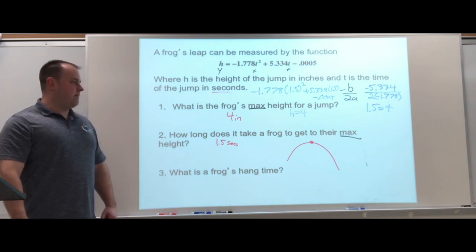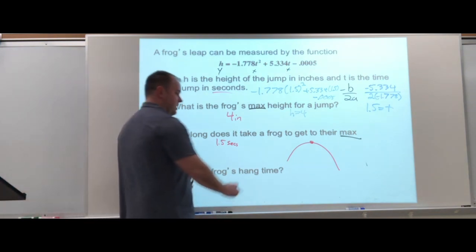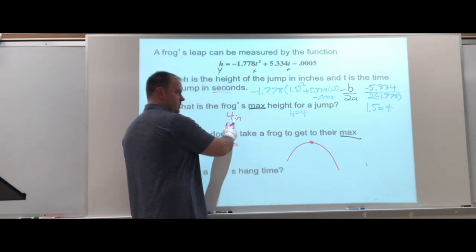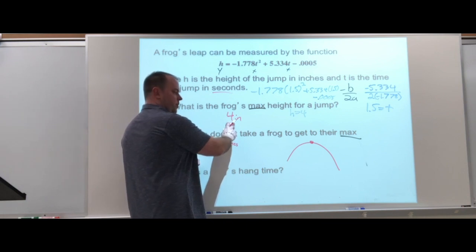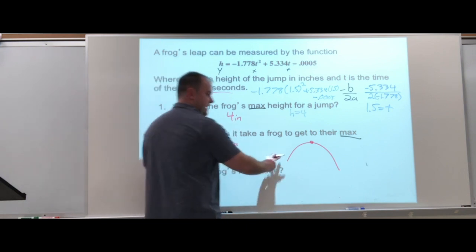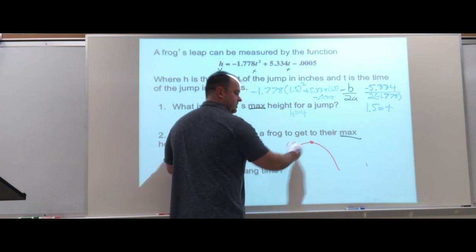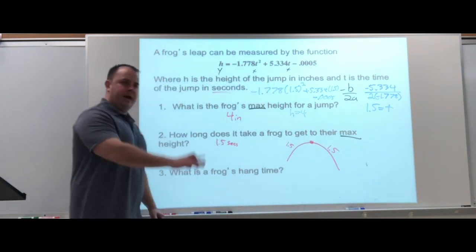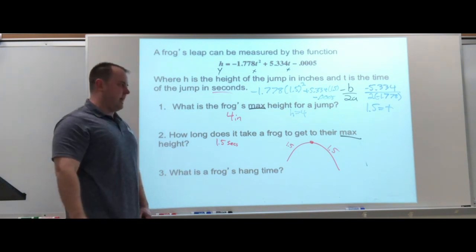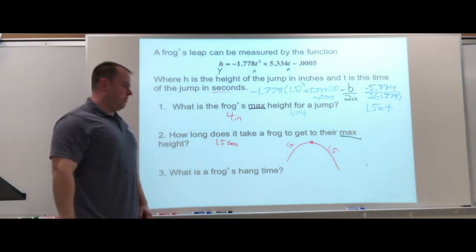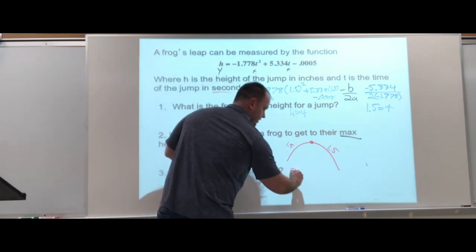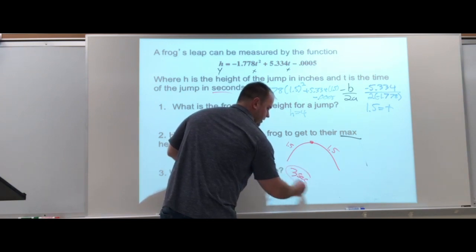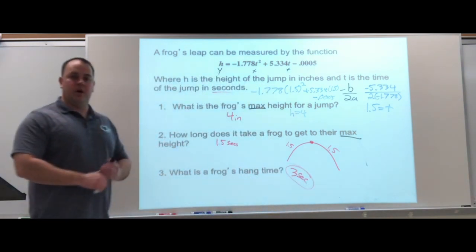So once you find that vertex, you gotta know, the height is 4 inches, it took 1.5 seconds to get there. Well, if it takes 1.5 seconds to go up, it takes 1.5 seconds to go down. Total hang time is when it leaves the ground and then hits it again. 1.5 up, 1.5 down. 3 seconds is our hang time.